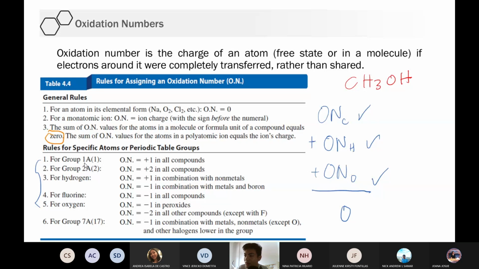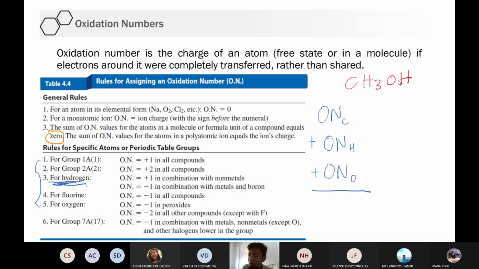Okay? For example, hydrogen. Okay, for hydrogen, basahin natin. Oxidation number of hydrogen is positive 1 if bonded with nonmetals and negative 1 if bonded with metals and boron. Okay. Ibig sabihin, pwede natin malaman yung oxidation number ni hydrogen. Okay?